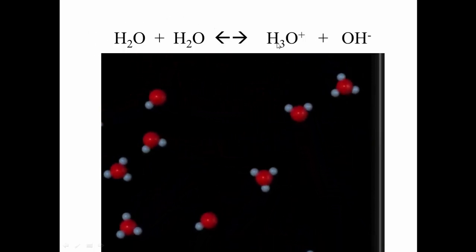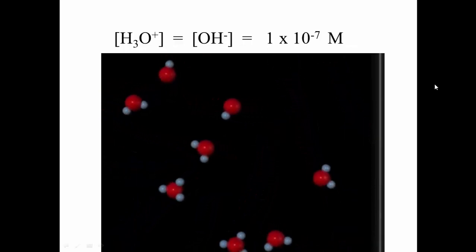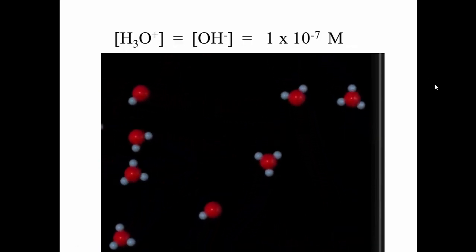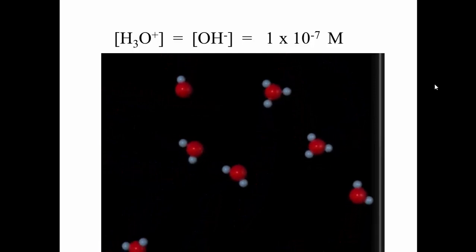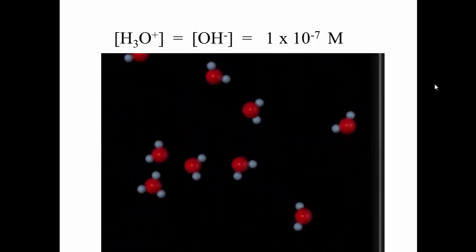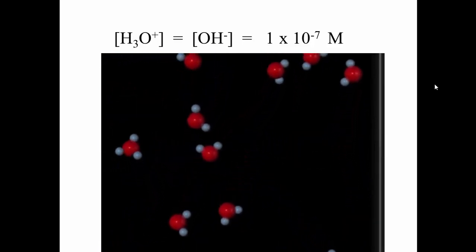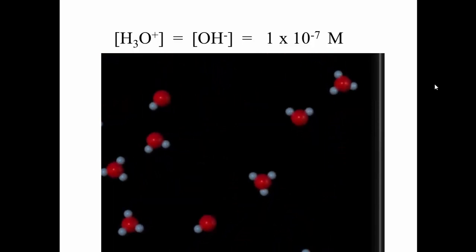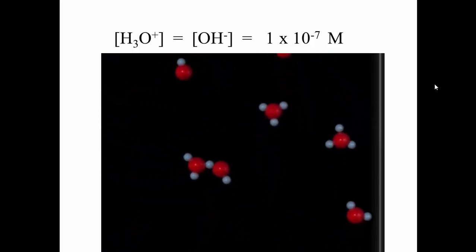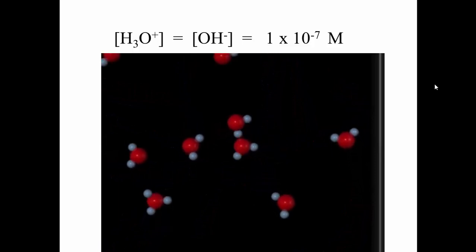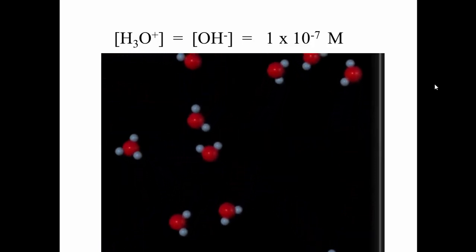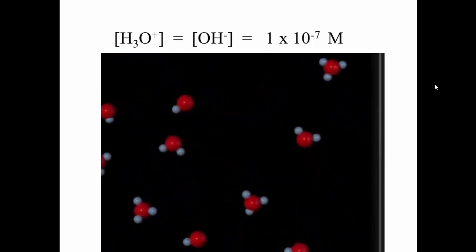We said you only have 1 times 10 to the negative 7 moles per liter, or molarity. This was one of the reasons for you to learn molarity. The concentrations of the hydronium and hydroxide ions are equivalent in neutral water, and they each have a molarity of 1 times 10 to the negative 7 moles per liter.